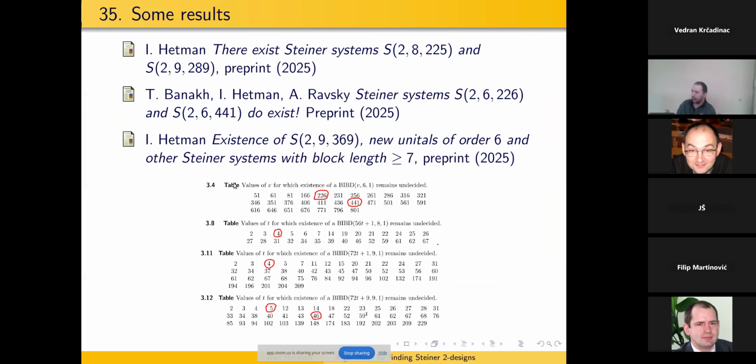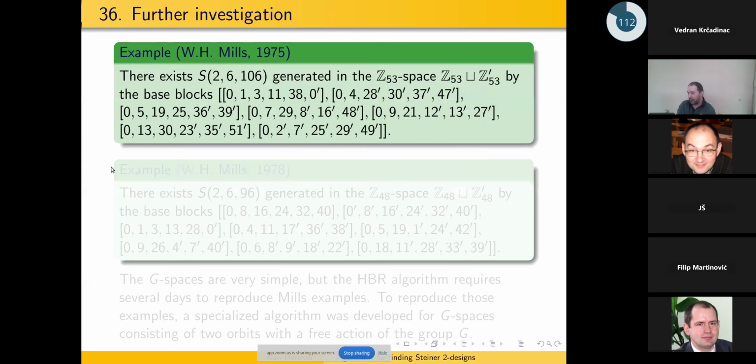For instance, this table, before Mills, was I suppose 3 or 4 times larger before he started his work. He closed a lot of different admissible V's for k equals 6, and he posted his papers without an explanation of how he did it. Vedran also mentioned it.